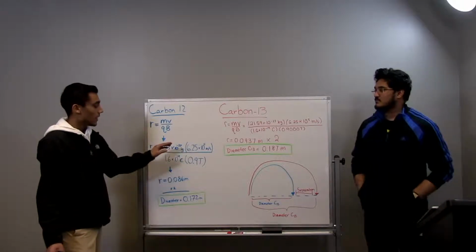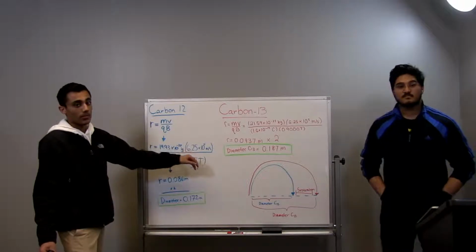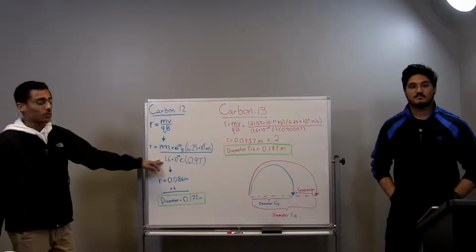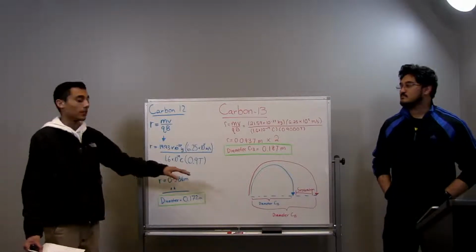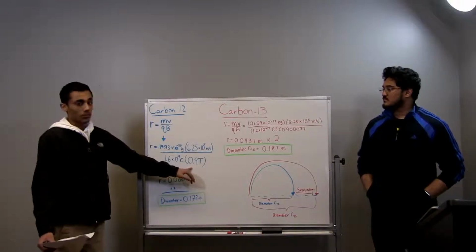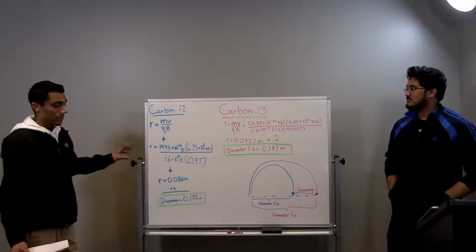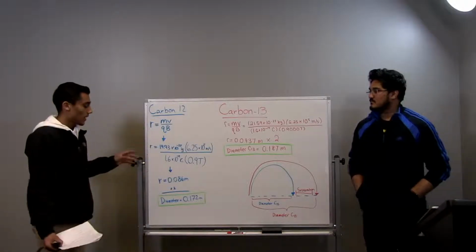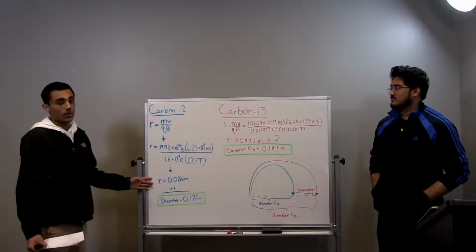The velocity is the same as carbon-13, 6.25 times 10 to the 5th meters per second. The charge is 1.6 times 10 to the negative 19th, the standard charge for a proton. And the magnetic field strength is 0.9 Tesla, the same for both. This is a very simple plug and chug. Enter this into your calculator as is, and it will give a radius of 0.086 meters.